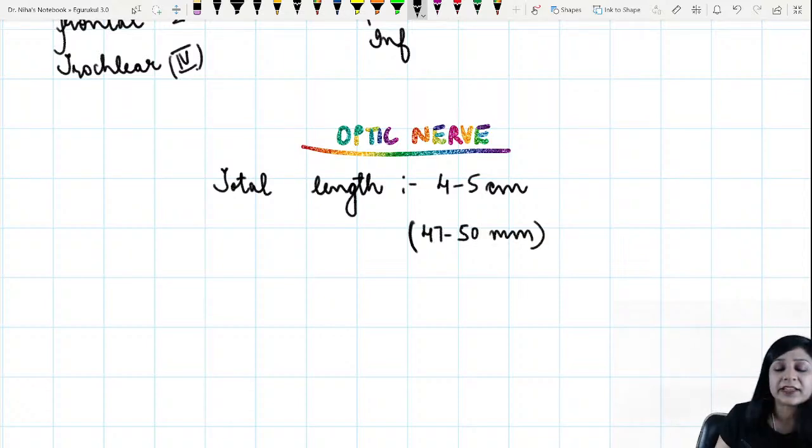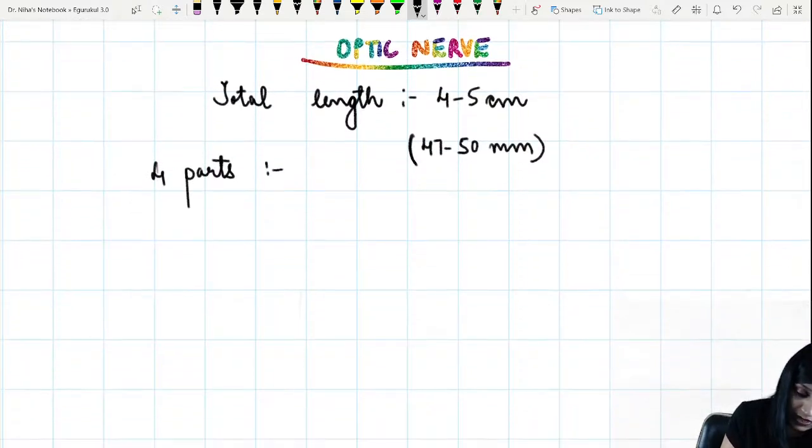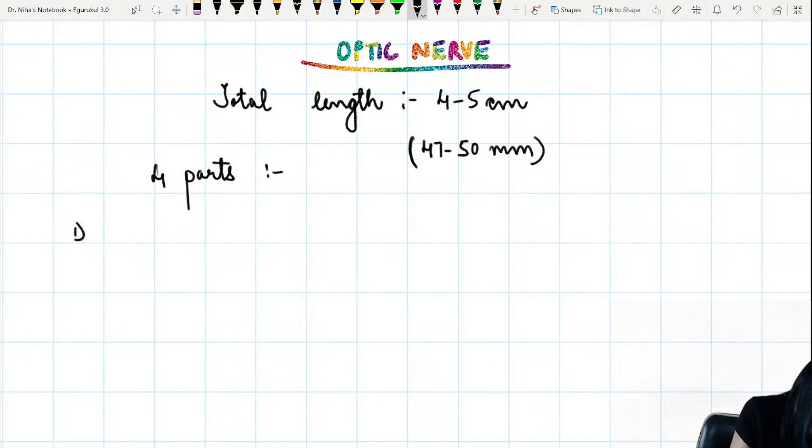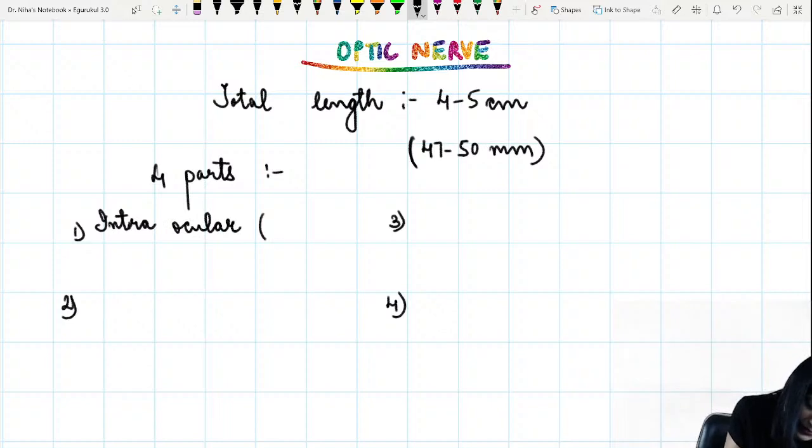It can be divided into 4 parts. So we have got the first, second, third and fourth. First is your intraocular part. Intraocular part is just 1 mm.